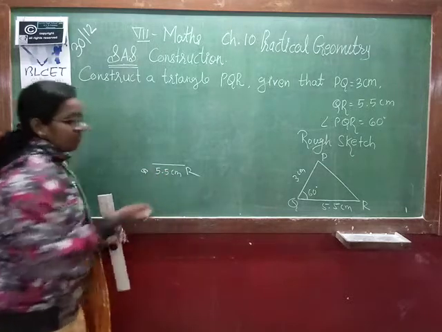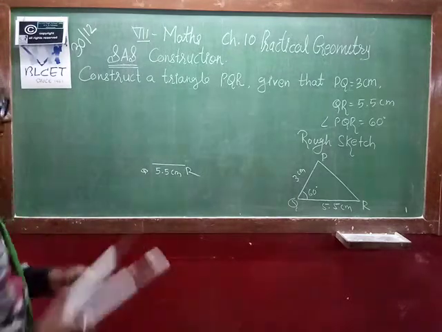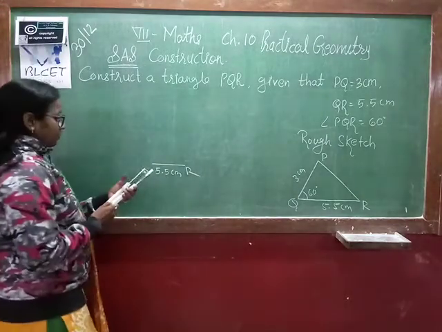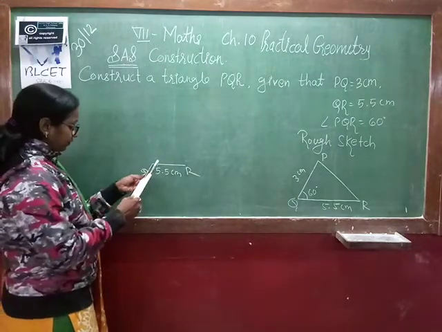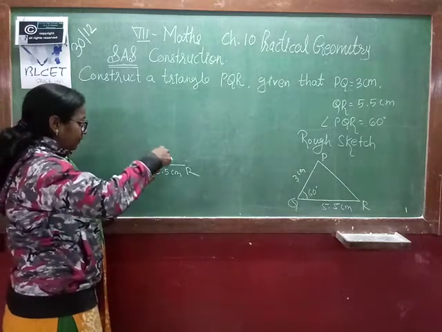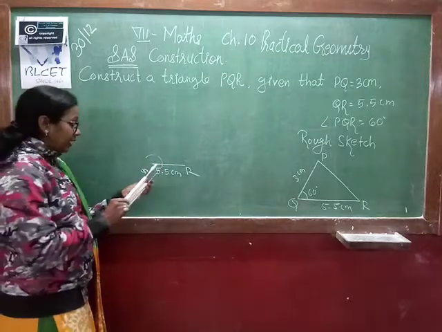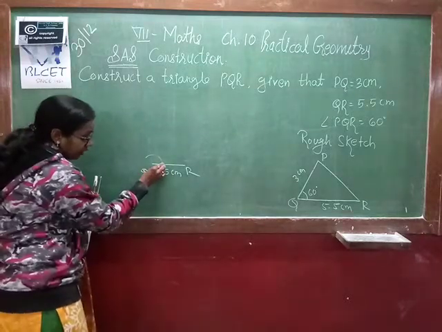Now at Q we will draw an angle of 60 degree. Take a compass and draw an arc. Do not change this measurement. So here you will get one point.